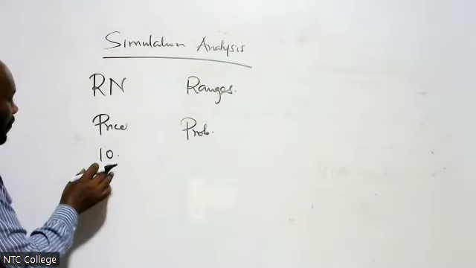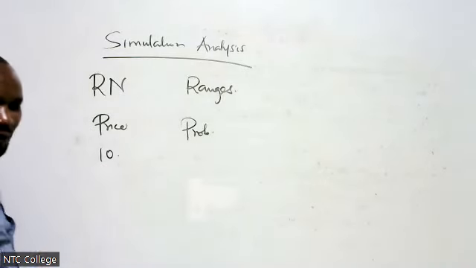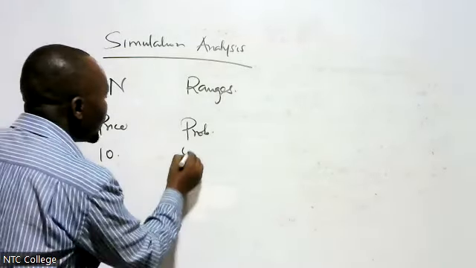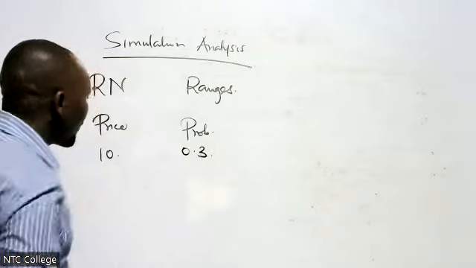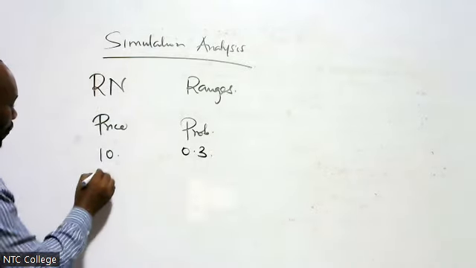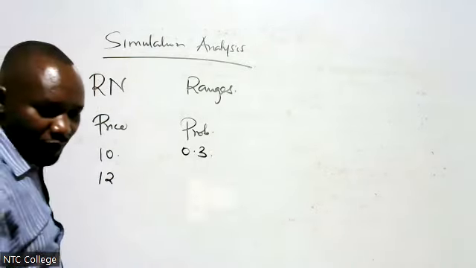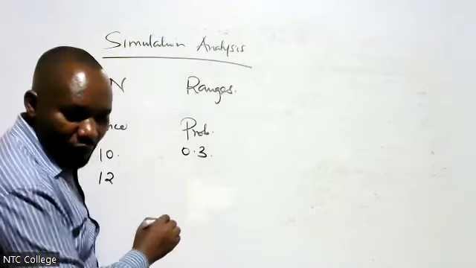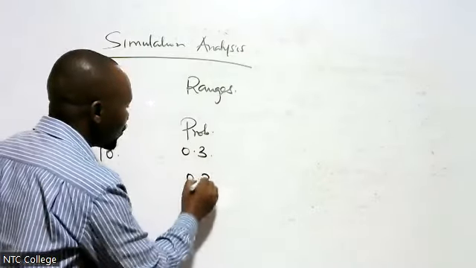So we are saying that if we set the price to be 10 bob, the probability that it can work is 0.3. If we say that the price is 12 bob, for example, the probability of having it at 12 bob and it becomes workable is 0.2.